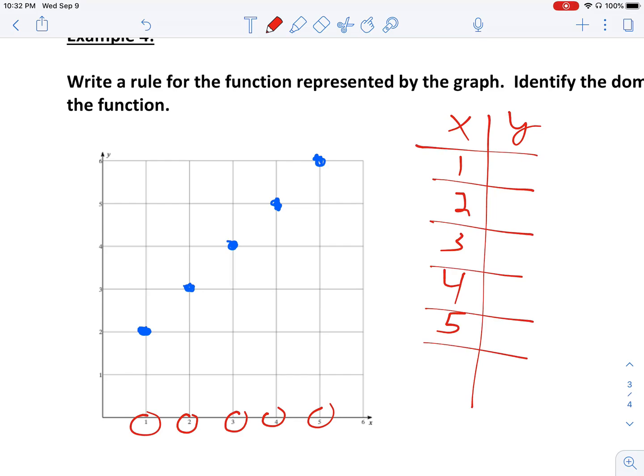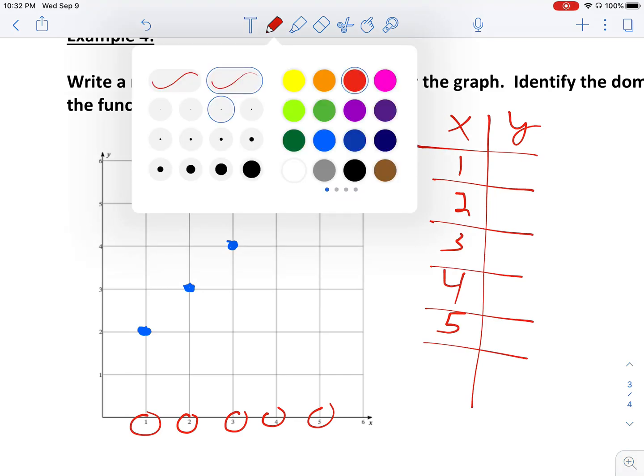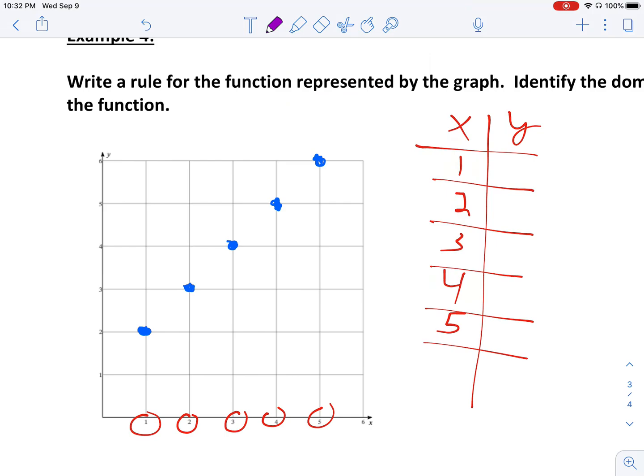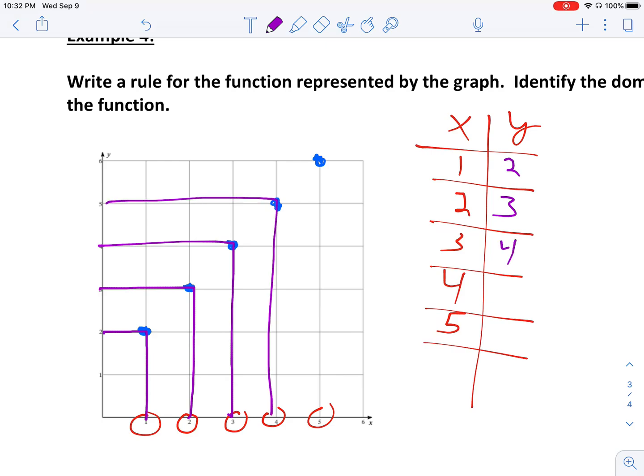Now the y values: when x is 1, your y value is 2. When x is 2, your y value is 3. When your x value is 3, your y value is 4. 4 to 5, 5 to 6. So there's your table.